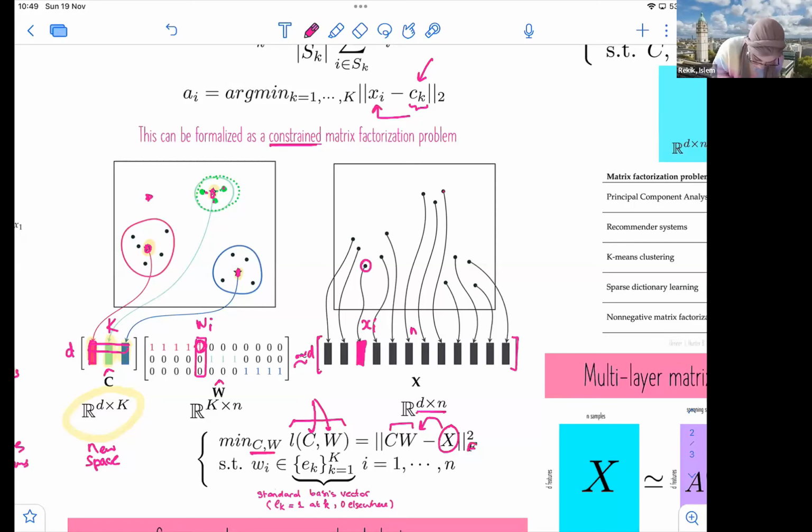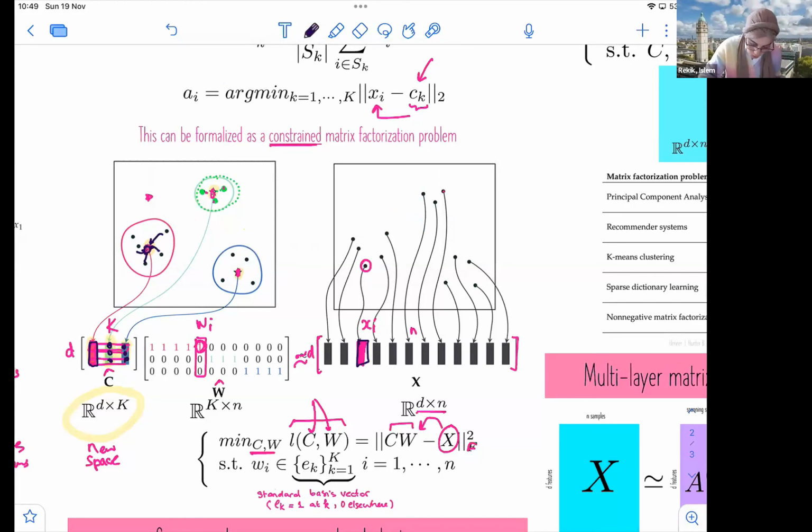So basically when you perform the multiplication, row by column, you will set all these values to 0, and all of these will remain the same. So you're picking up the center. So somehow this x_i becomes the centroid, like you're transforming it, mapping it into itself, using this kind of basis of vectors. So this is the idea.